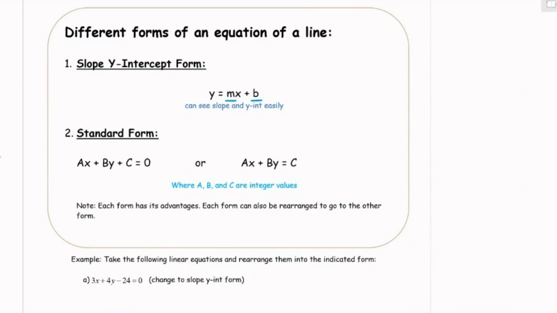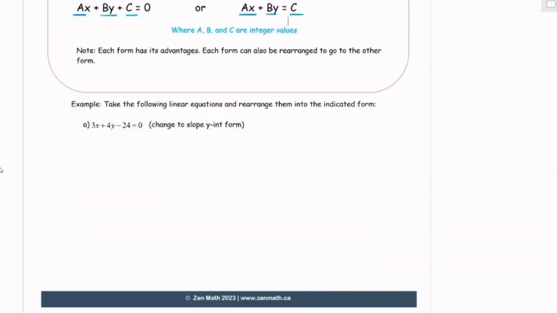In standard form, this has been rearranged such that we have ax plus by plus c, or we could have the c on the other side, ax plus by equals c, and a and b and c are just integer values. There's no decimal value to them. Now, each form has its advantages, and each form can be rearranged to go from one to the other. Let's take a look down below.